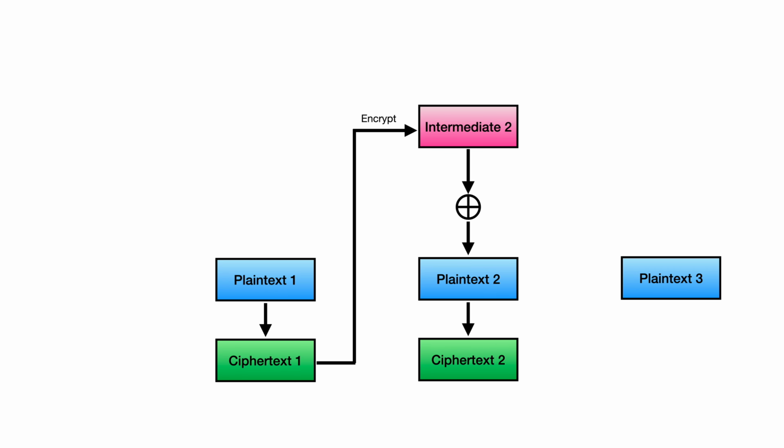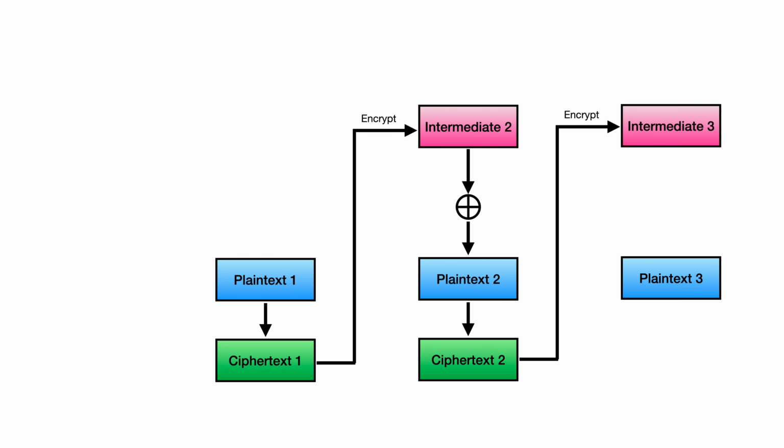Now, the same process goes on, and the ciphertext 2 is encrypted using the block cipher and forms intermediate 3. Then this intermediate 3 is XOR'd with the plaintext 3 and forms the ciphertext 3.